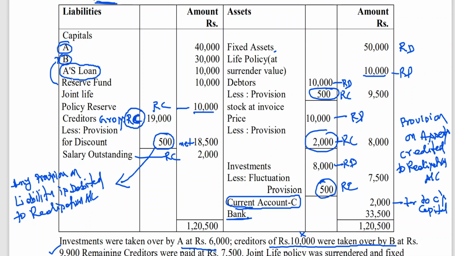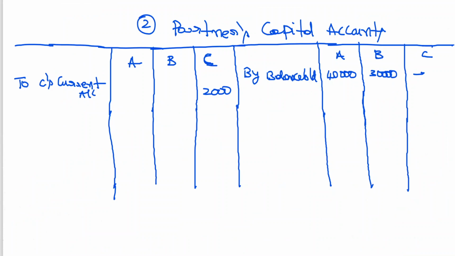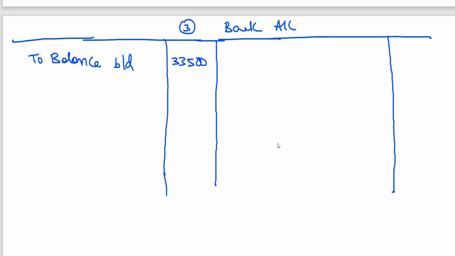Then A's loan. I told you we'll be making payment through cash. So what do I write here in bank? I leave some space for discharging outside liabilities, because I cannot make payment to partner's loan, A's loan, before paying outside liabilities.